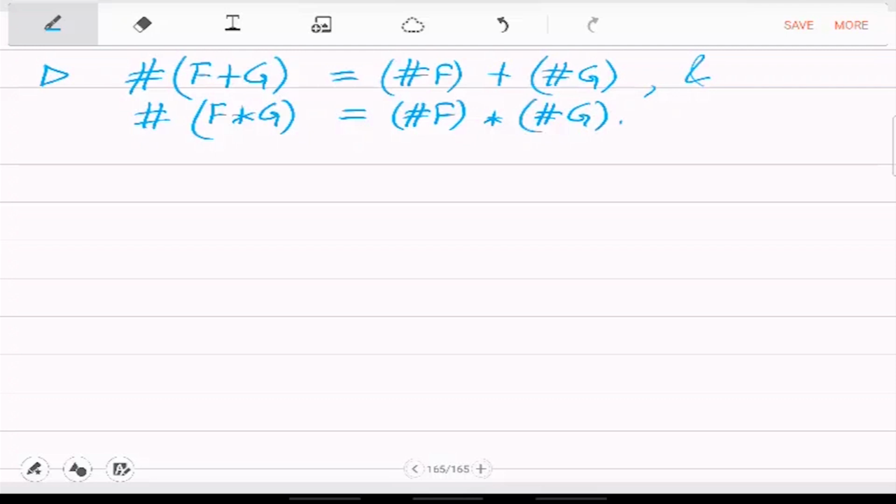As the intention was, that is what we have implemented: sum or product of satisfying assignments.